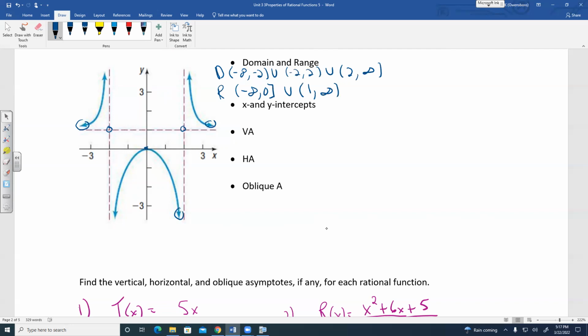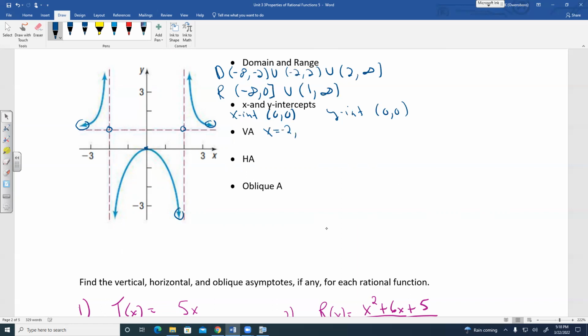The x-intercepts, I do see it touch here at (0, 0). So the x-intercept would be (0, 0). The y-intercept, that's the only place I'm seeing it touch the y-axis as well, at the same spot. So the y-intercept is also (0, 0). The vertical asymptotes, notice how we have one at x equals -2.